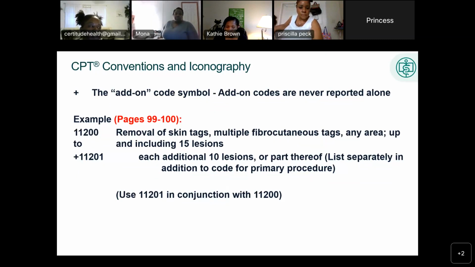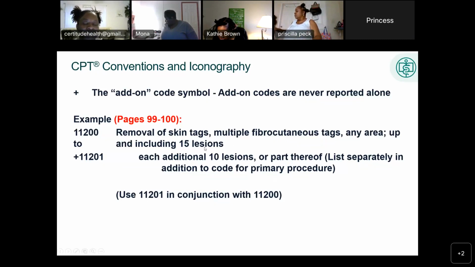So we have 11200, which is removal of skin tags, multiple fibrocutaneous tags, any area, up to and including 15 lesions. If anybody has ever had skin tags removed, you know it could be a little or it could be a lot of skin tags that they remove. So this first code represents up to 15 lesions or skin tags.